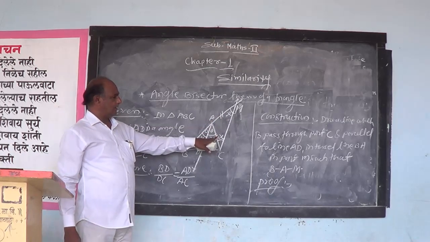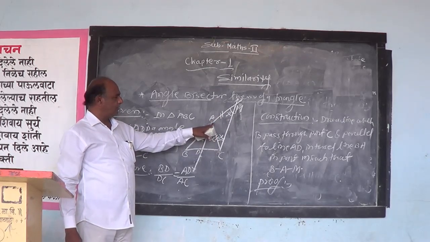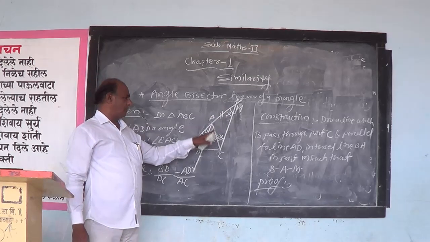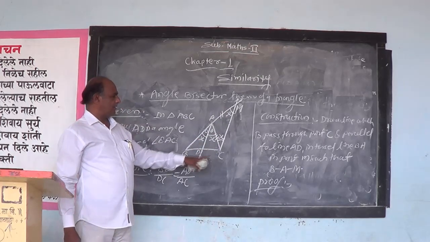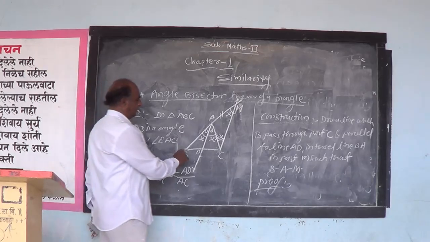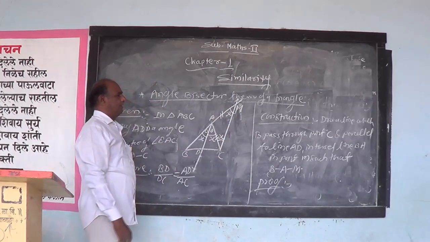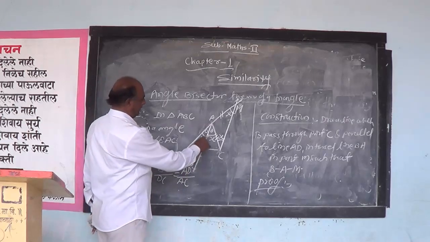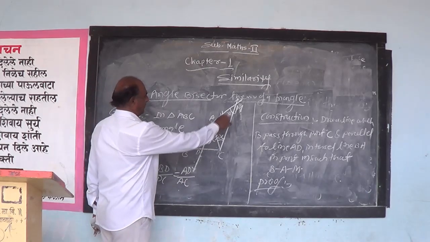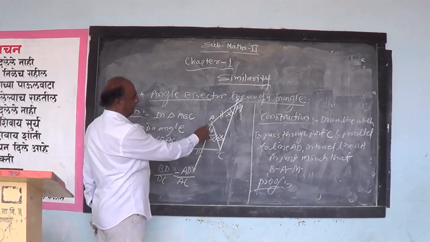Having understood how these two sides are congruent, we take triangle BMC. In this triangle BMC, by construction, line AD is parallel to side BC.